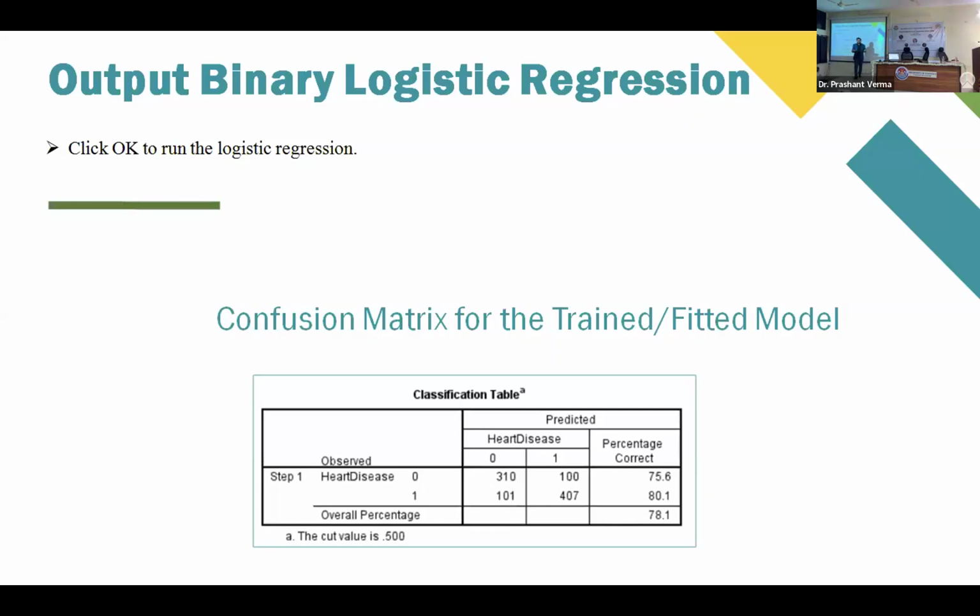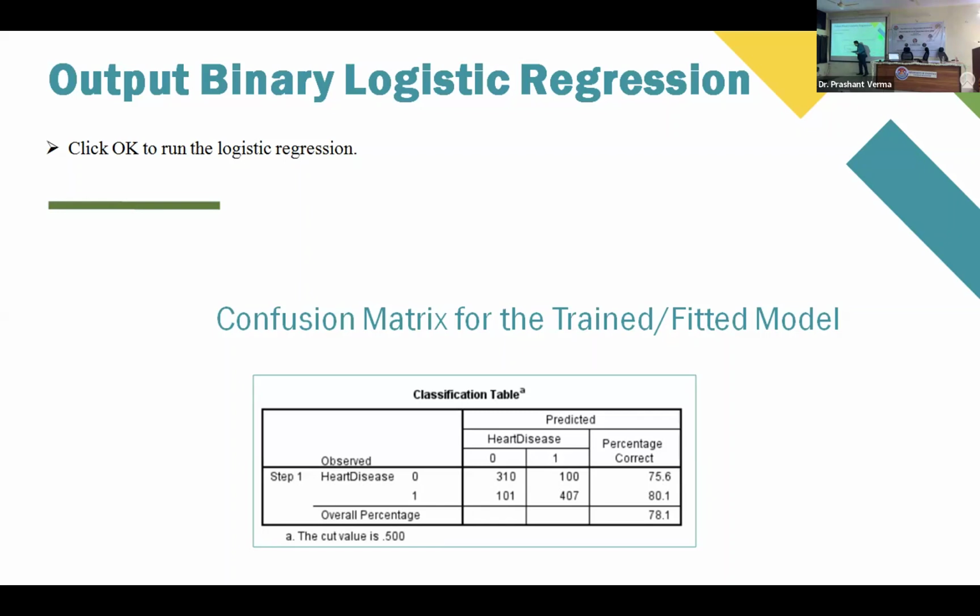Observed values are nothing but actual values in the data. So we are giving all the data to the model, all the independent variables along with the dependent variable, and seeing how well the model is trained. The model has seen the complete data, and this is the confusion matrix.